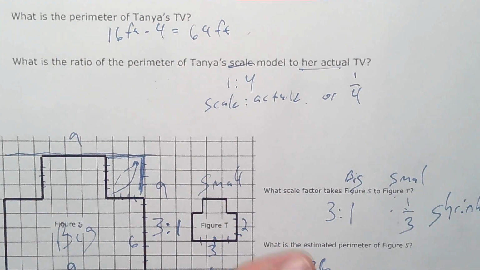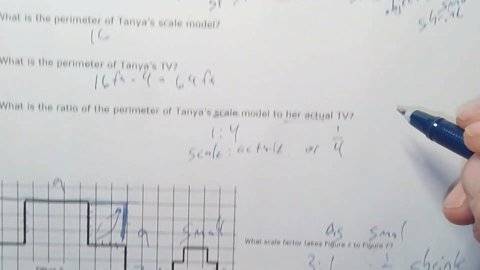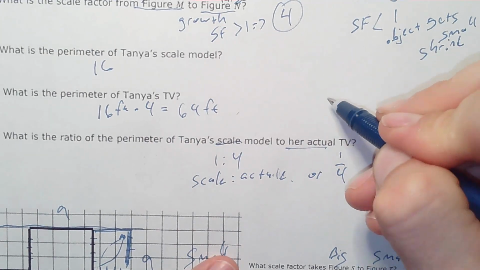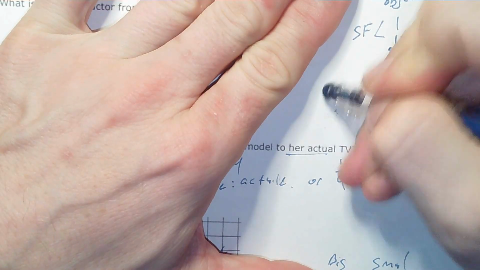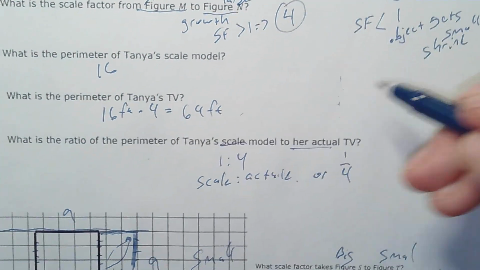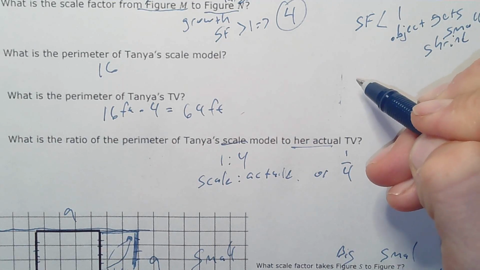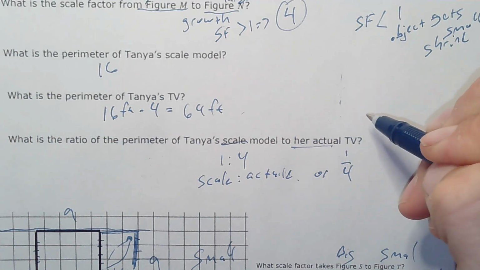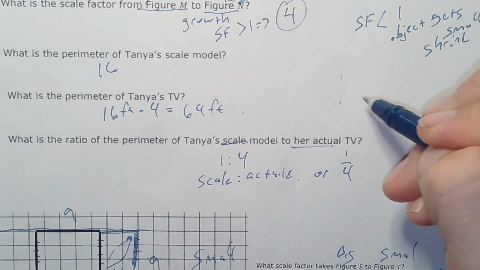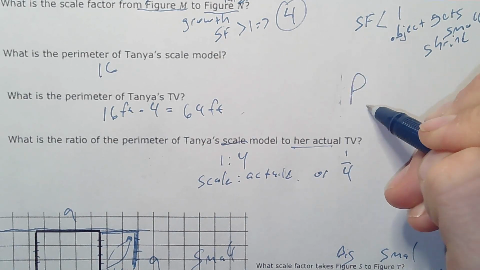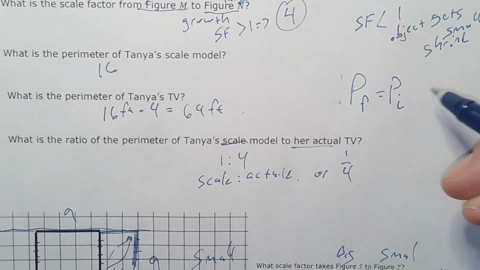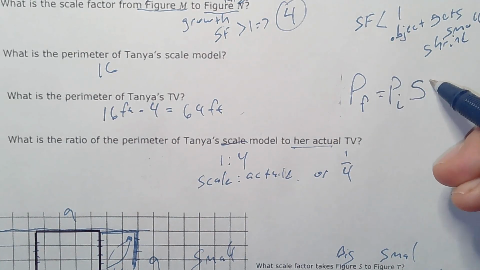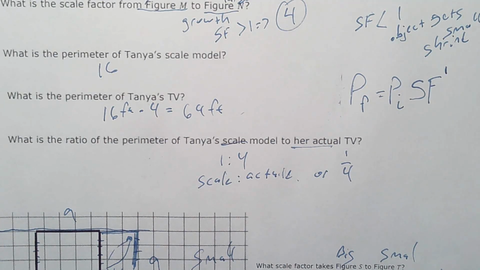All right, so it should be noted that perimeter is a linear unit. So the perimeter final equals the perimeter initial times my scale factor to the first.